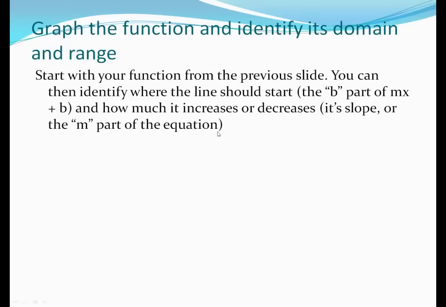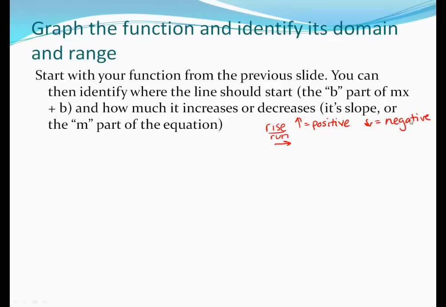That's its slope, or the m part of the equation. Remember, slope is rise over run, okay? And run always goes right, and the rise part goes up if positive, and down if negative.